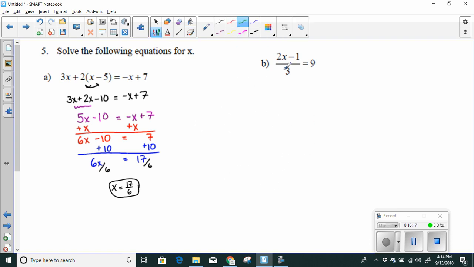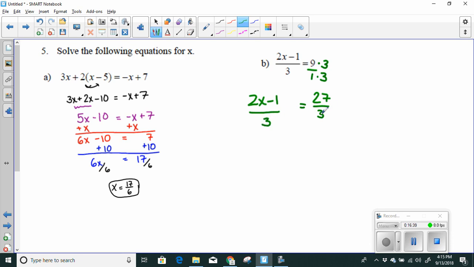Right now 9 has a denominator of 1. To get a denominator of 3, I'd multiply it by 3/3, and I now have an equivalent fraction. 9 is equivalent to 27/3, which is the same thing as (2x minus 1)/3.